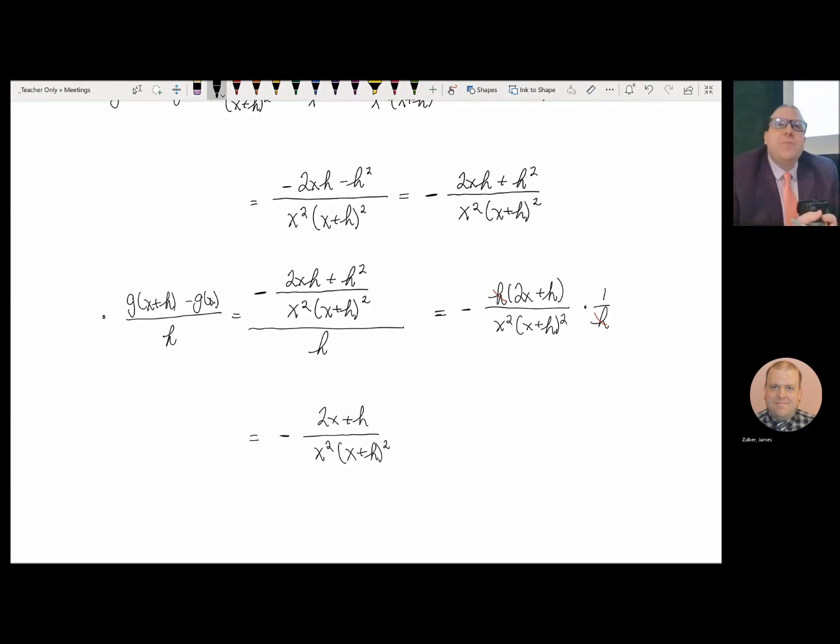Again, calculus, you just pass that through the limit as h goes to 0, and you have your derivative. Are there any questions on that?